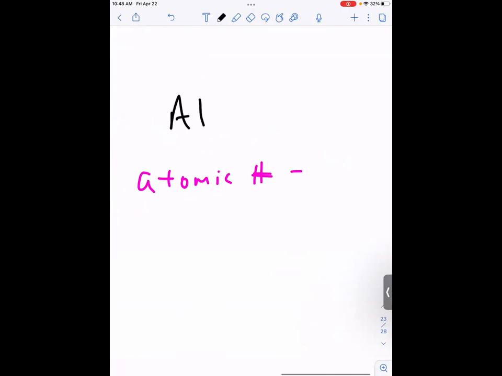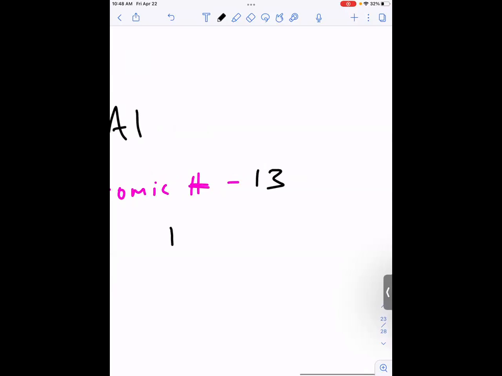If you find it on the periodic table, 13. 13, good. So the atomic number is 13, which means what? How many protons, how many electrons? Thirteen protons, 13 electrons. Yes, so that's 13 electrons and 13 protons.